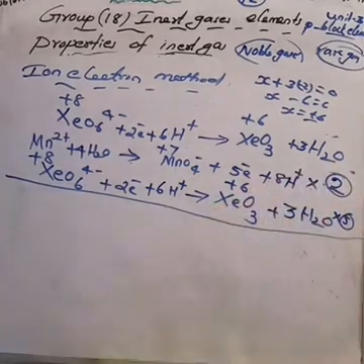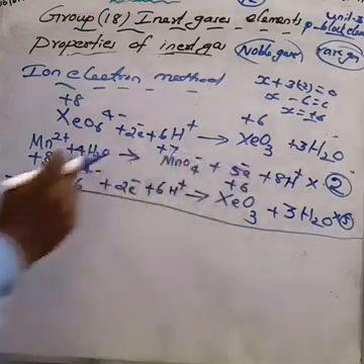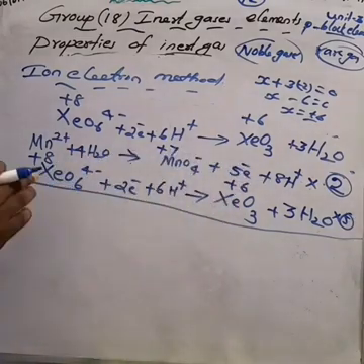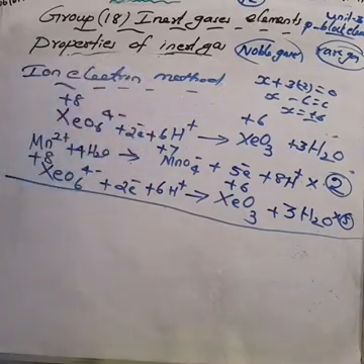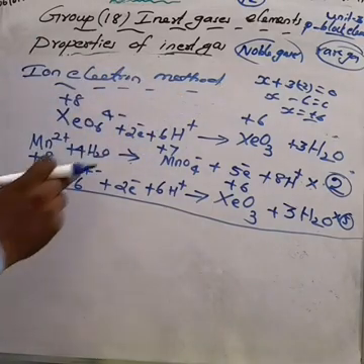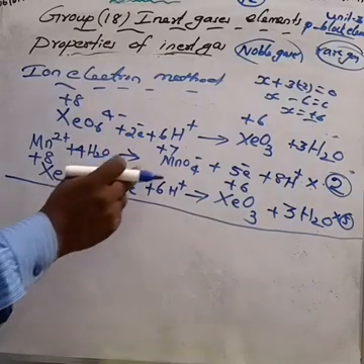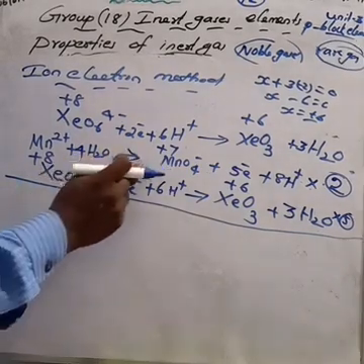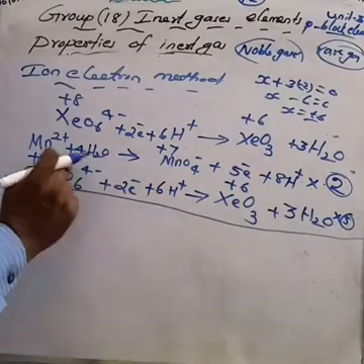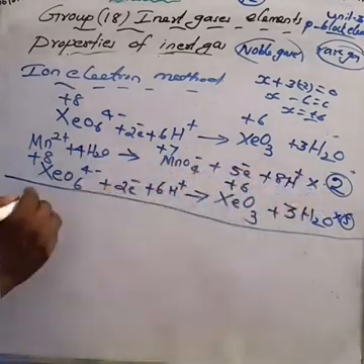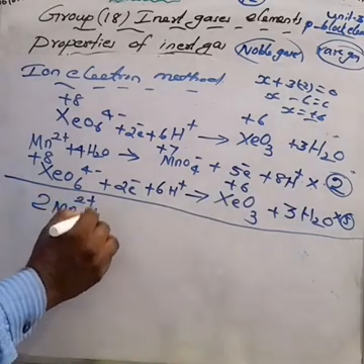I am multiplying by 2 and by 5 because we are well versed in 11th grade. This is the ion electron method of balancing. Already we are well versed. Multiplying the first equation by 2 and the second equation by 5, again I am going to write the first equation multiplied by 2. I am going to write 2Mn2+ ion plus 4H2O.